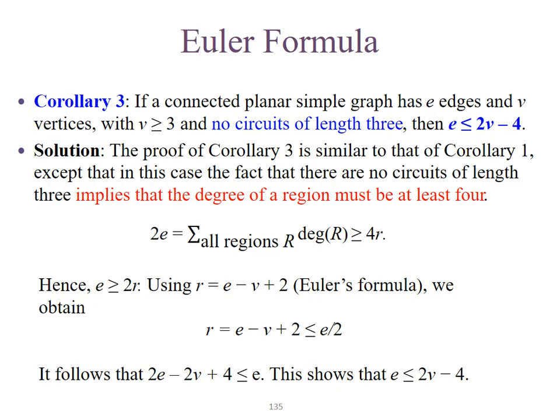Then we will have the inequality E is larger than or equal to 2r. Then we can replace r by E minus V plus 2, and derive the inequality E is less than or equal to 2V minus 4. So if you understand how we proved the previous corollaries, then this one will be very easy.